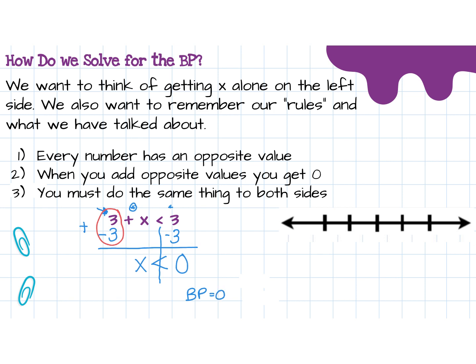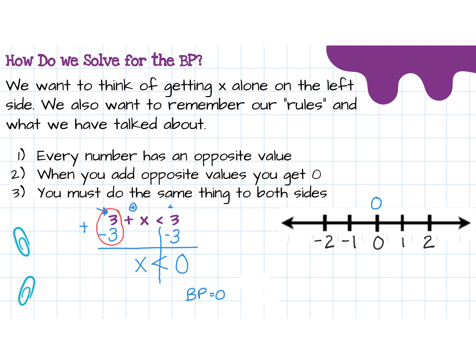So let's go ahead and make our number line. I'm just going to put 0 right here in the middle. And I'll just put a couple of values on each side just so that I can show you. Next up, I'm going to draw myself a circle right up above 0. And I'm not filling it in, right, because there's no equals to.